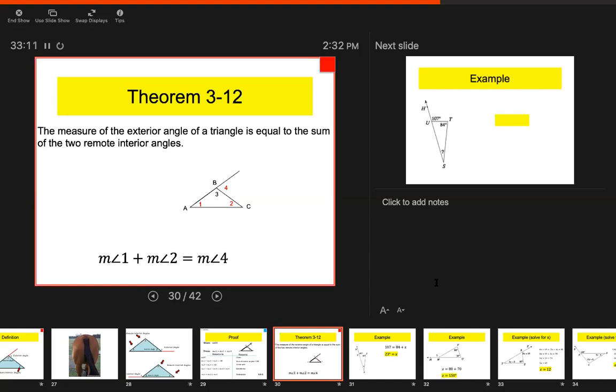Therefore we're going to use Theorem 311, 180, and this one. Sometimes we'll have auxiliary lines. We'll get vertical angles. Sometimes we'll draw an auxiliary line that's parallel to the bottom, and we'll get alternate interior angles. You'll see.